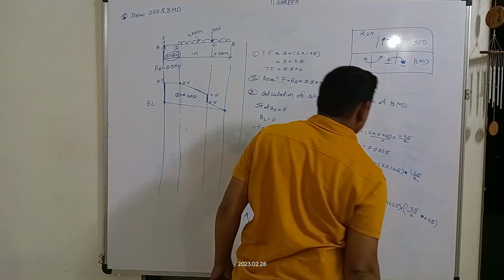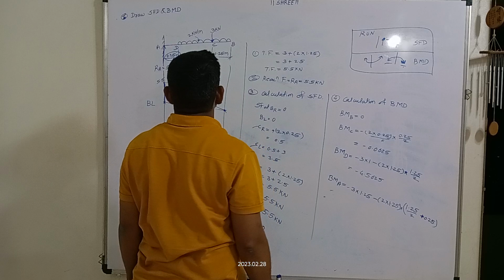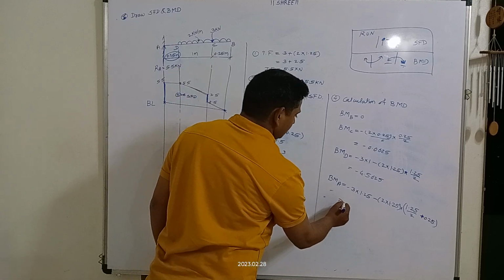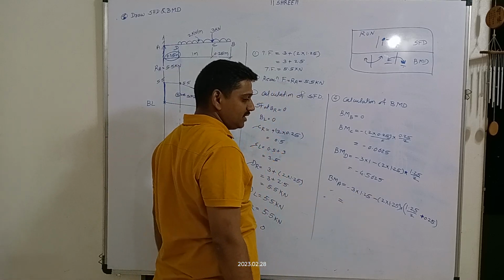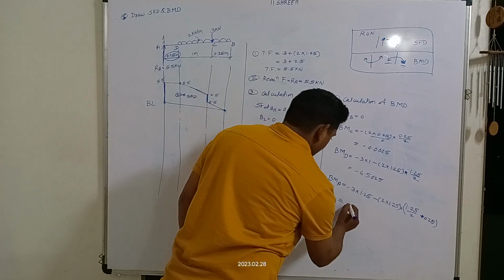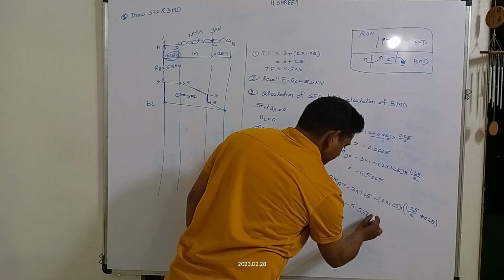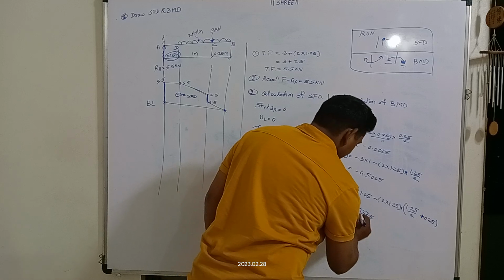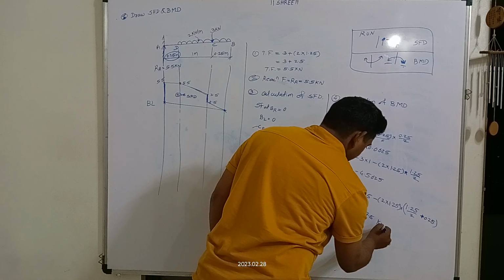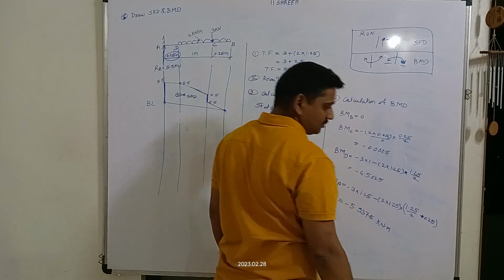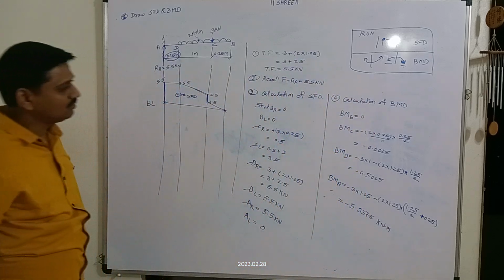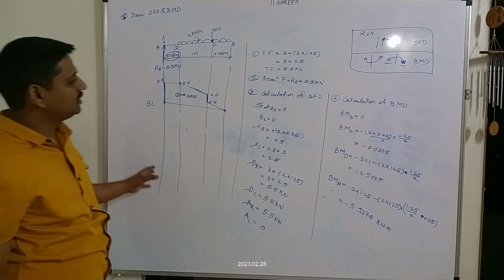If we calculate in the calculator, the bending moment at point A is minus 5.9375 kilonewton meter.